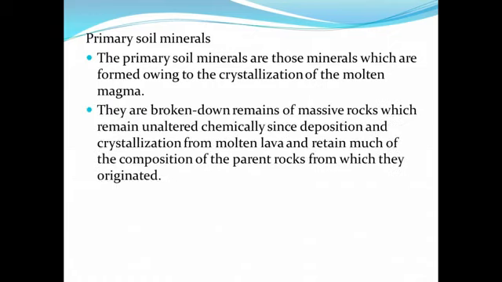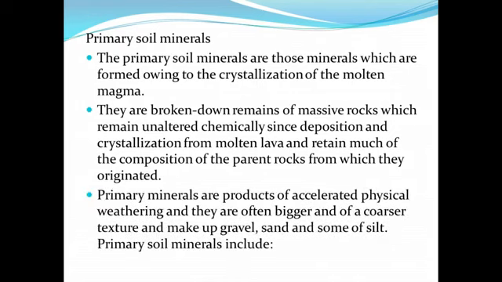They are broken down remains of massive rocks which remain unaltered chemically since deposition and crystallization from molten lava and retain much of the composition of the parent rocks from which they originated. So, when the rocks are formed as magma or lava solidify, these minerals are then formed. And when these rocks are then weathered, that is when these minerals are then added to the soil.